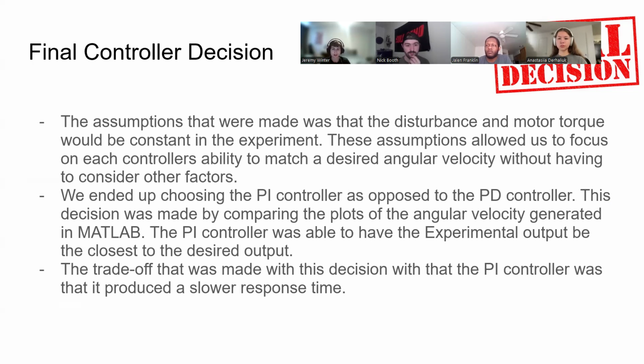The PI controller was able to have the experimental output be the closest to the desired output, which was a big part in our decision. The trade-off, as noted in the pros and cons, was that the PI controller was producing a slower response time. However, due to the pros of the PI controller and it being able to best fit the customer's specifications, it was the best decision for us.